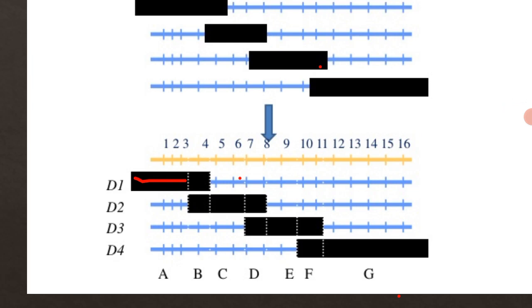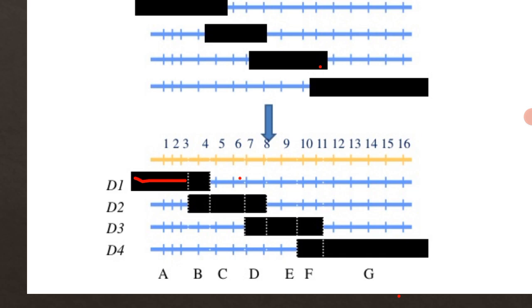So for strain A the sequence will be minus plus plus plus. Why? Because for D2, D3, D4 we don't have any deletions in strain A. You are understanding, right? Then if we come to strain B, in strain B we have number 4 deletion, and for D2 similarly we have number 4 deletion. So there we can give two minus signs: minus minus plus plus.